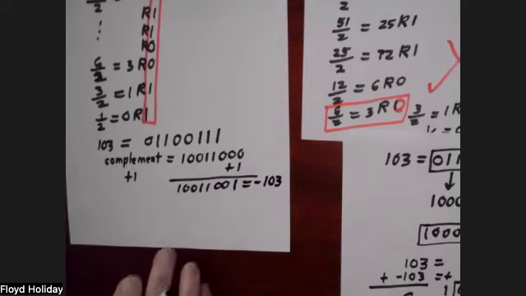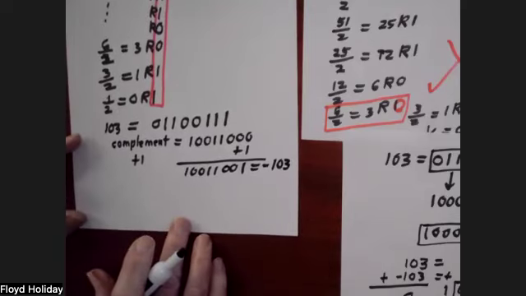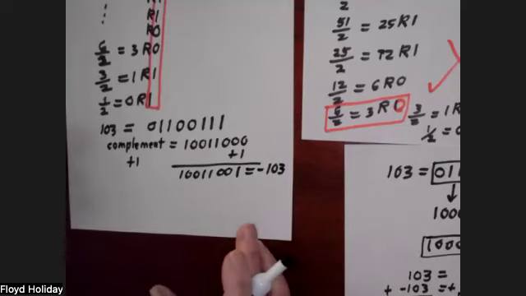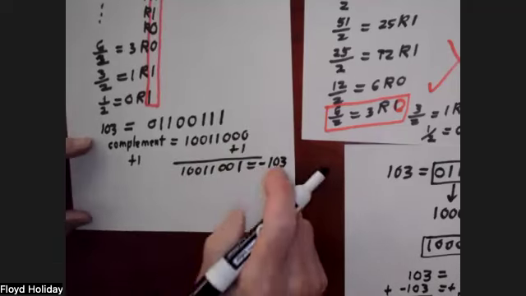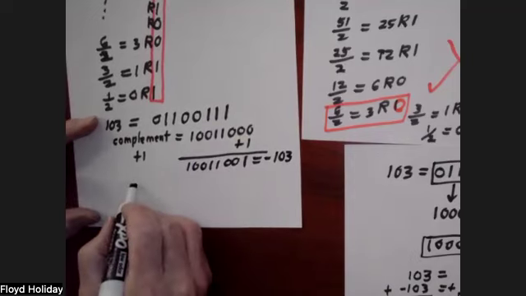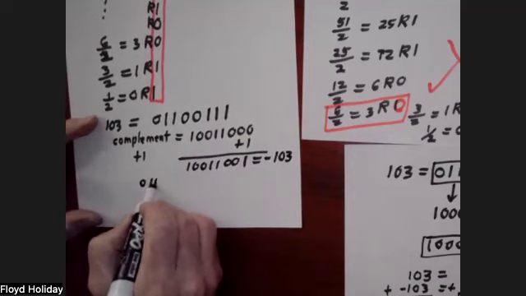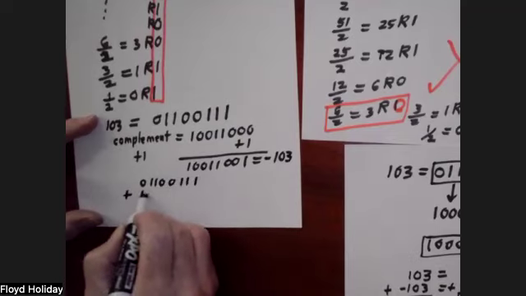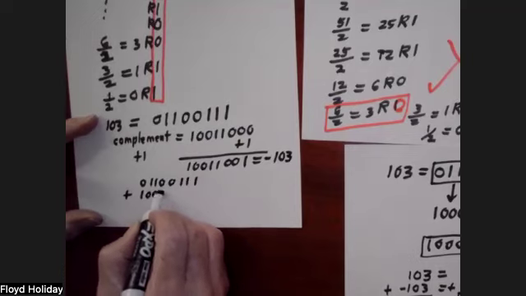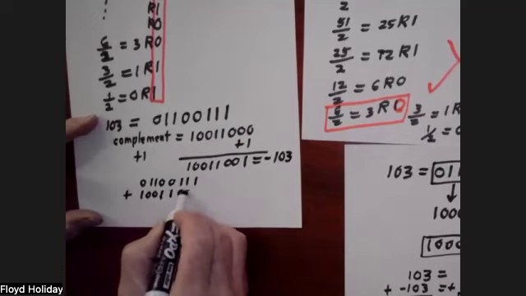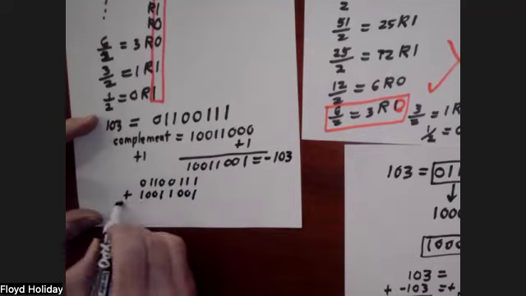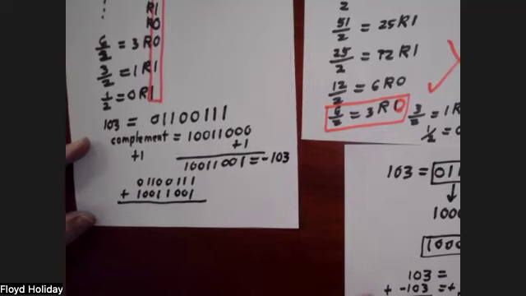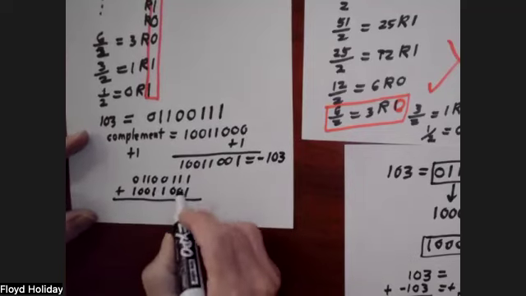All right, I think we're good. Now, we'll do the check. This is 103 and this is negative 103. Let's line them up for addition. 0, 1, 1, 0, 0, 1, 1, 1, plus 1, 0, 0, 1, 1, 0, 0, 1. They're all going to cancel each other, by the way, just like in the previous one.